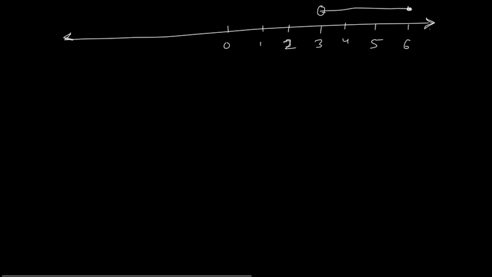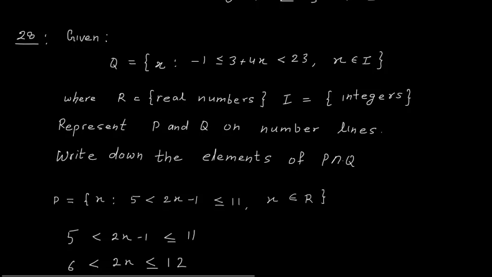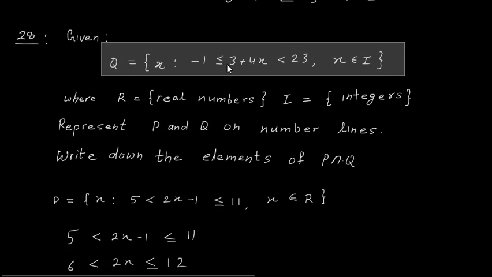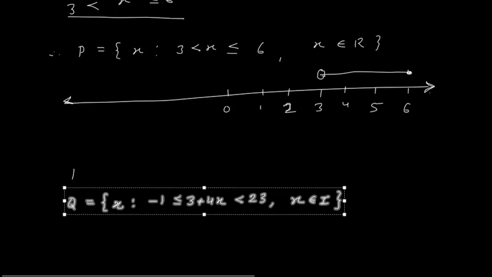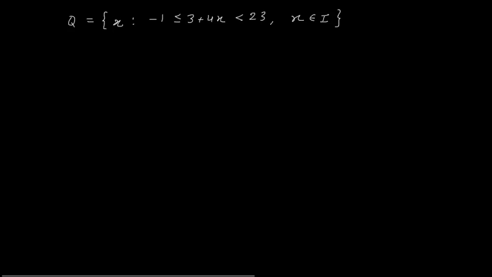For Q, let us discuss for Q. I will just bring this Q here. For Q we have minus 1 less than or equal to 3 plus 4x is less than 23.